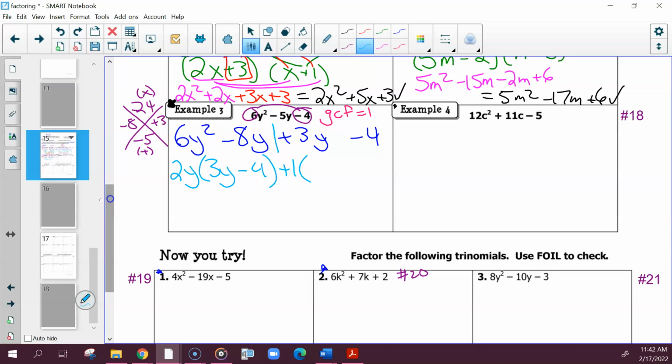And that would make this the exact same. So then what would our factors be? 2y plus 1 and 3y minus 4. So if you switch them, you may have needed to take out a negative. Otherwise, your insides would not be the same. So if you put negative 8 over here, you would need to take out a negative 4.